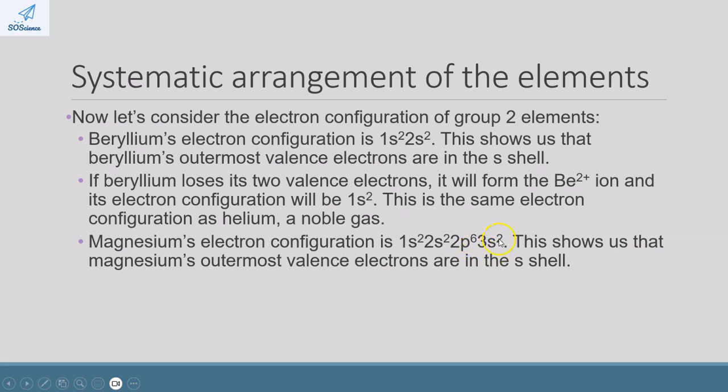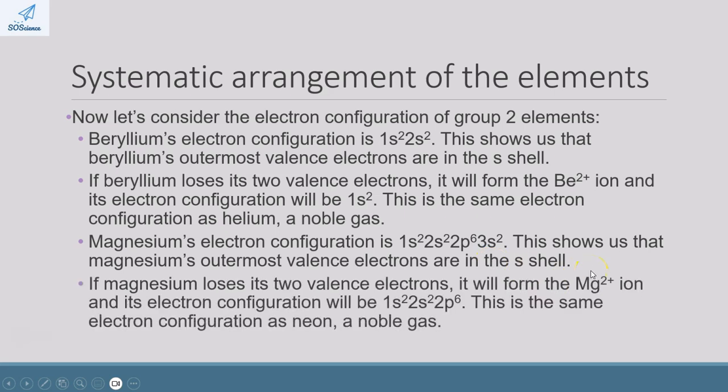But it does show us that magnesium's outermost valence electrons exist in an s shell. If magnesium loses the 2 valence electrons, well, it will lose 3s2, and it will end up with 1s2, 2s2, 2p6, which is the same electron configuration as neon, again a noble gas.